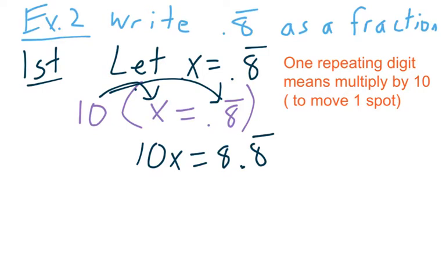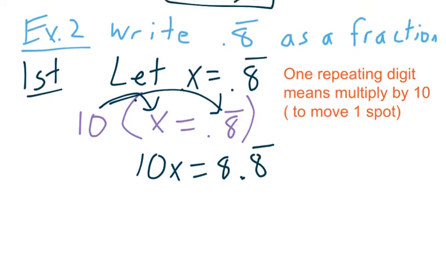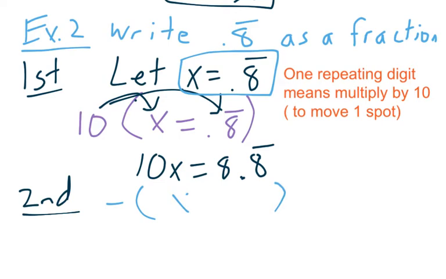And then remember, our second step there is we want to subtract the first equation. So that first equation was up here. It was the x equals 0.8 repeating. So I'm going to subtract that whole equation. And if I do 10x minus x, I get 9x.